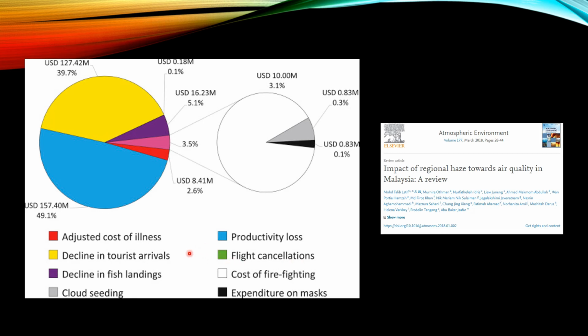Flight cancellations, planes cannot fly, tourists do not come, decline in tourist arrivals, decline in fish landings because the fishermen may not be going out to sea, cloud seeding, the cost of trying to artificially trigger rain, cost of firefighting to put out the fires. Finally, the cost of masks, which nowadays is ubiquitous or is normal.